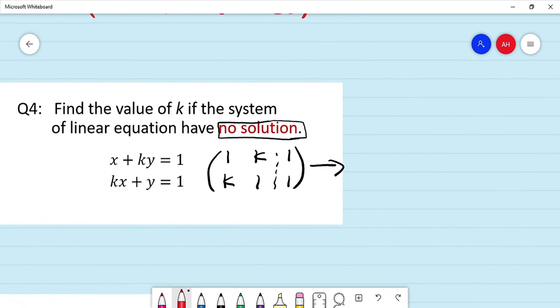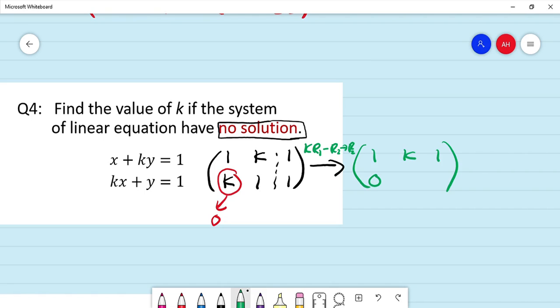Now let's do elementary row operations on this matrix. The first part is that we have to make this number k become 0. If we want to get that, the operation we have to do is k multiplied by row number 1 minus row number 2, and write the answer in row number 2. Row number 1 is still the same: 1, k, and 1.